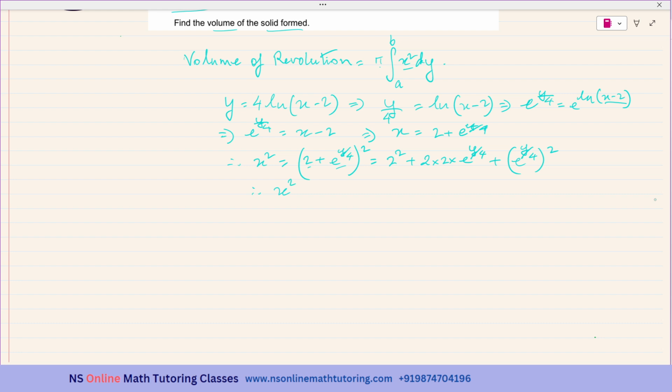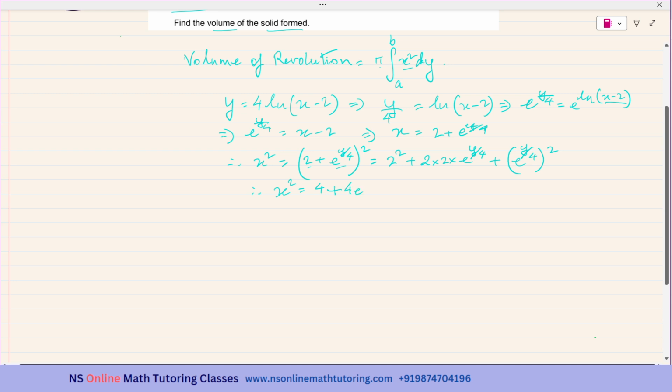Therefore x squared equal to 4 plus 4 e to the power of y over 4 plus (e to the power of y over 4) whole squared. So these two will be getting cancelled, and we will be having e to the power of y over 2.